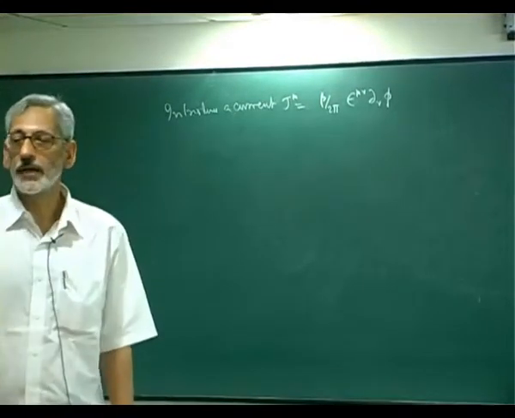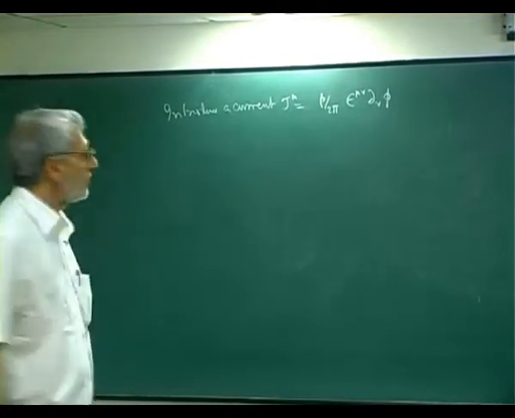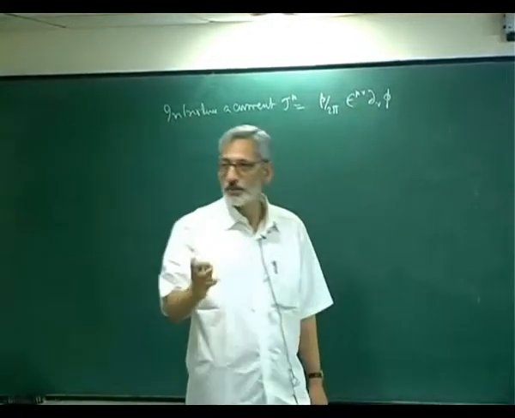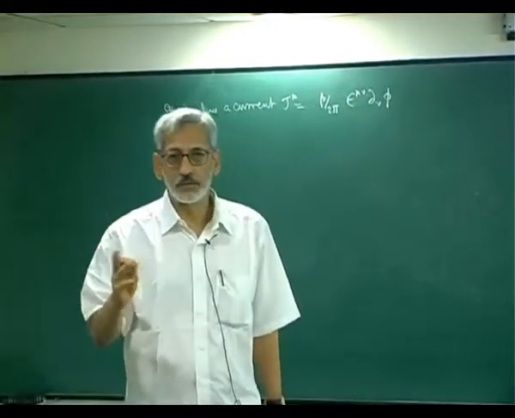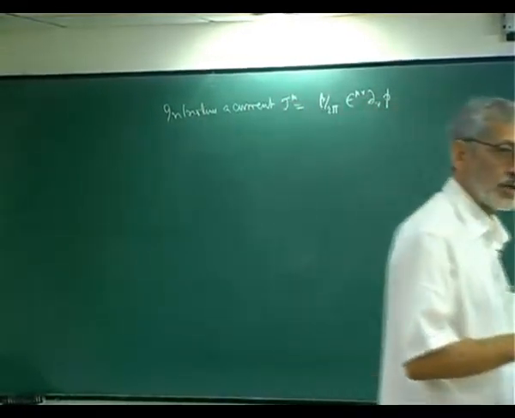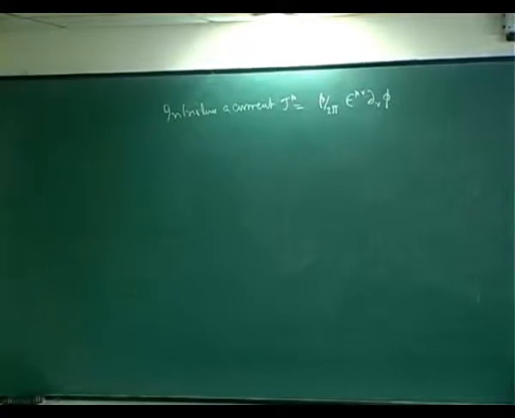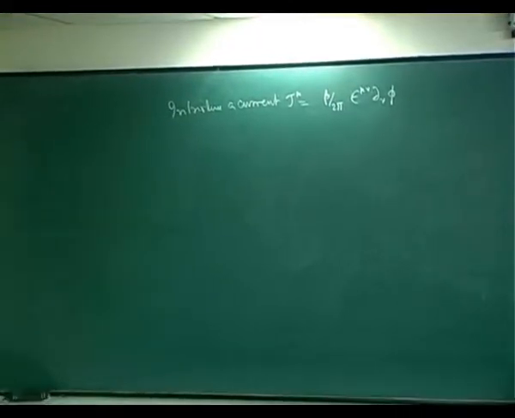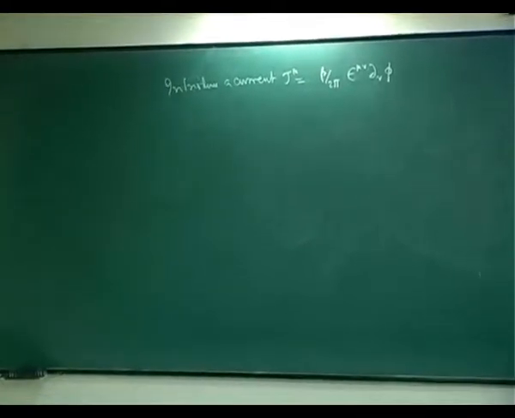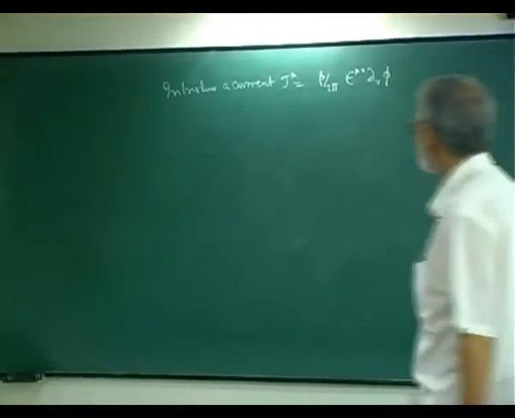Epsilon mu nu is an antisymmetric symbol. It means when mu and nu are equal, it is 0, and when mu and nu are t and x, it's 1, and it's an antisymmetric object in indices mu and nu.